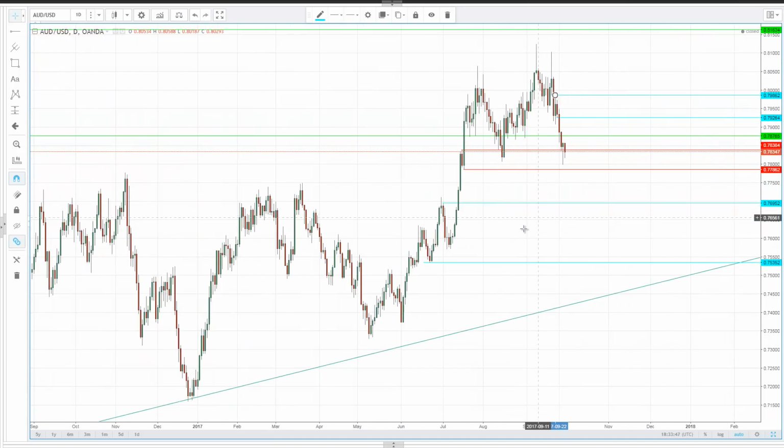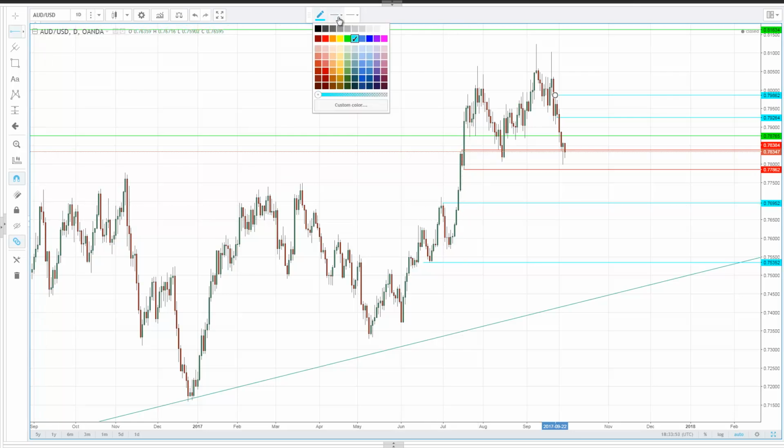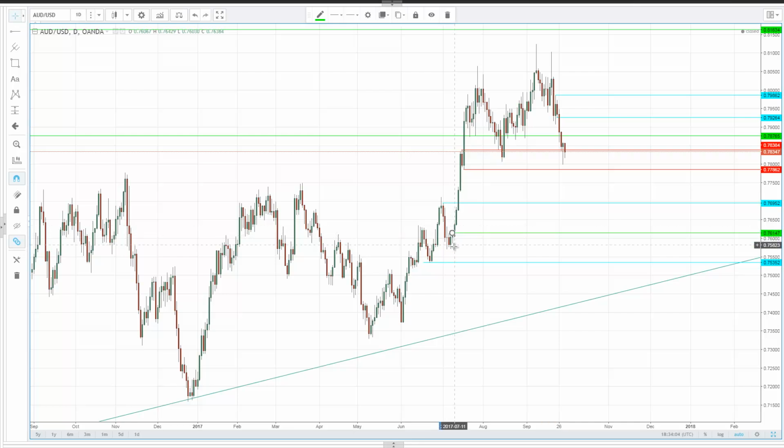We can look traditionally for a supply, for a demand on the daily, which is going to be the last high pre-breakout. It's going to be this one. Yeah.